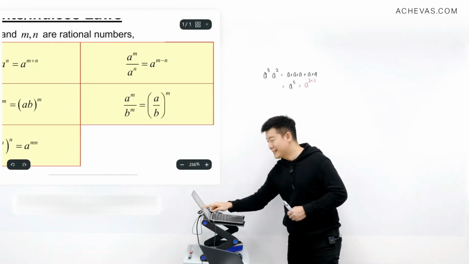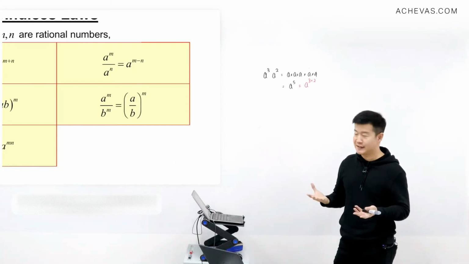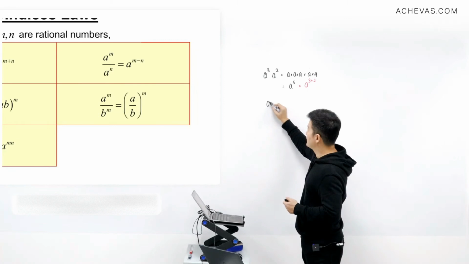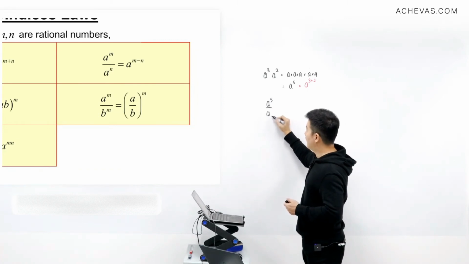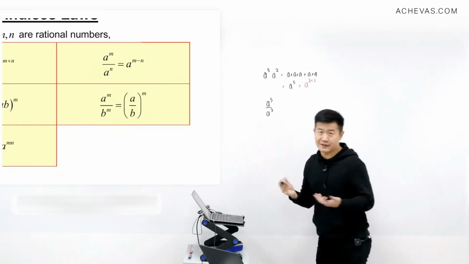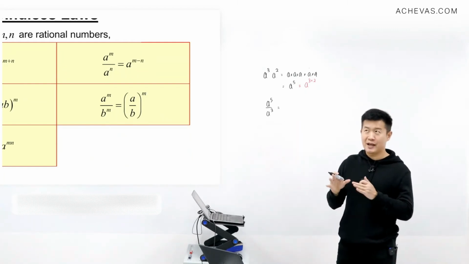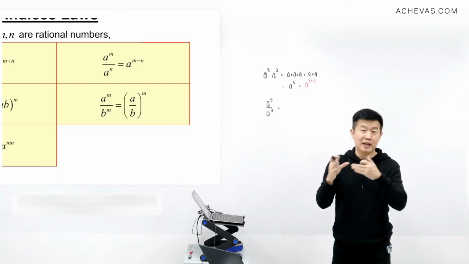We can also use the same way to deduce the second law, a to the power of m divided by a to the power of n. Let m be equal to, let's say, 5, and n equal to 3. Let's see whether it is the same as a to the power of 5 minus 3, which is a to the power of 2.